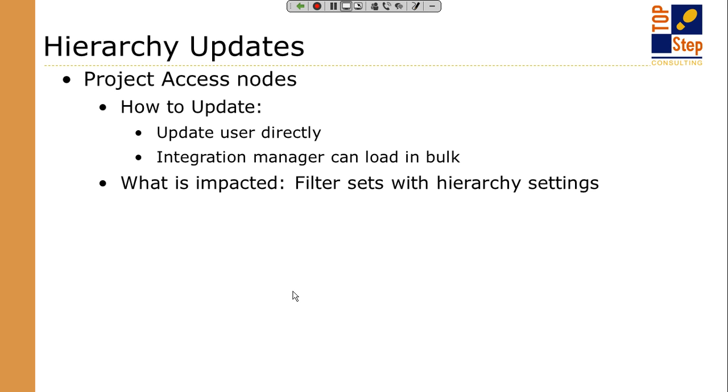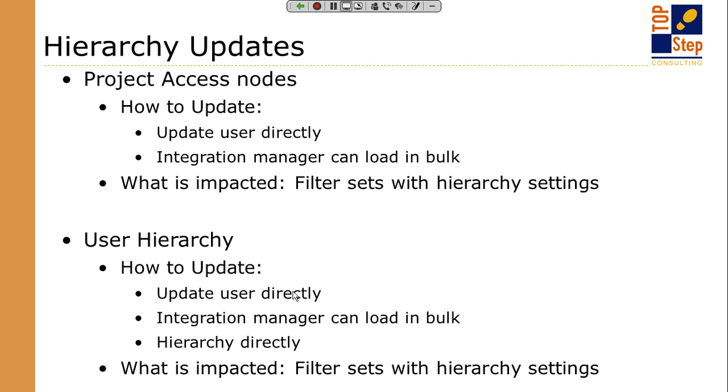Now, how you update this is you can update the users directly, or you can use Integration Manager. For a majority of everything I'm going to talk about, there's always a manual update, and pretty much there's always an Integration Manager update that you can do. However, if we're talking about the user hierarchy, that's something that you can put people into a hierarchy and then grant people access to see everyone that's in my hierarchy.